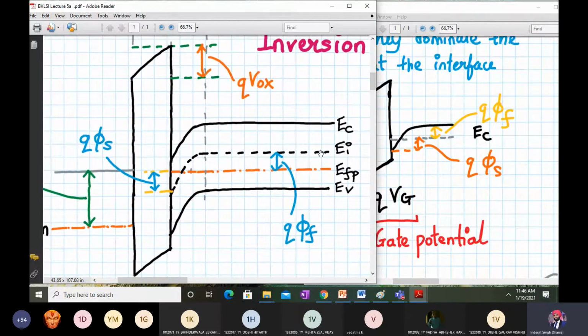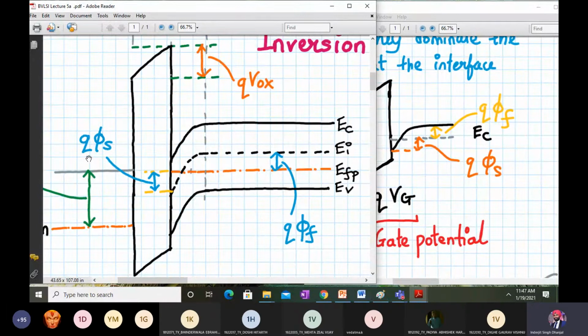But here EI has crossed this EFP and gone down. So here the difference between EI and EFP is nothing but your q into phi F, which is your bulk Fermi potential. And here the difference between your EFP and your EI is nothing but your q into phi S, which is the surface Fermi potential.